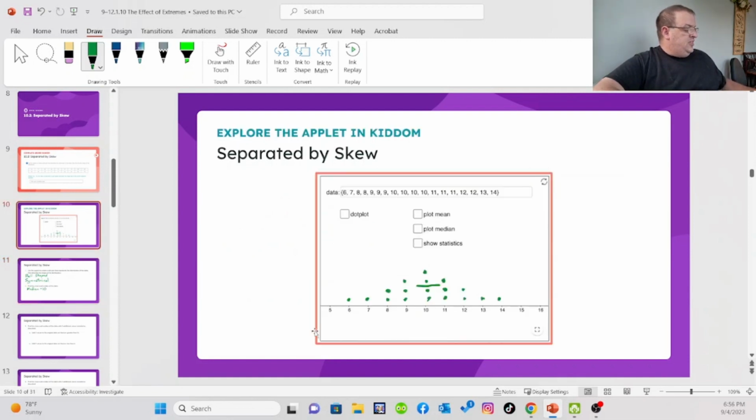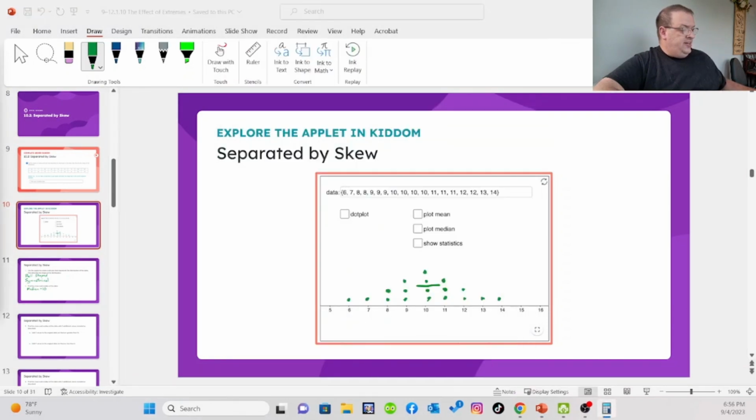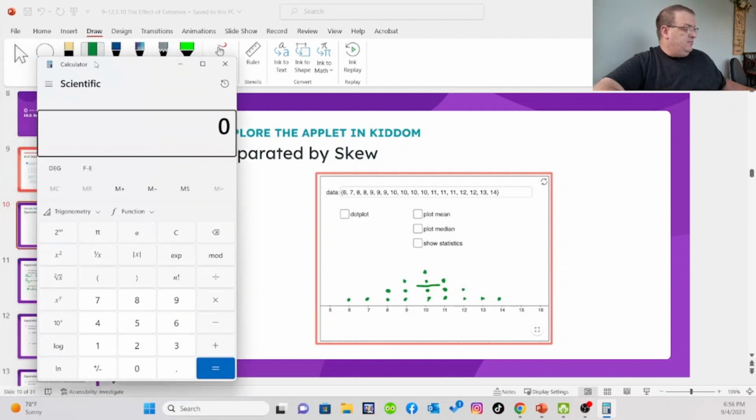In order to find the mean, we need to add them all together and then divide by how many there are.